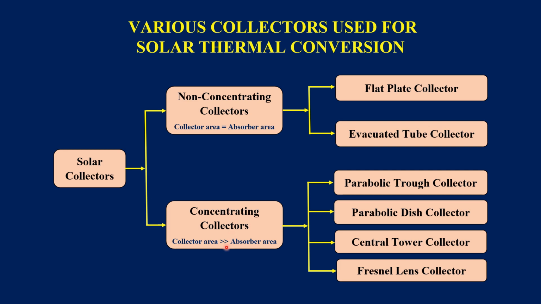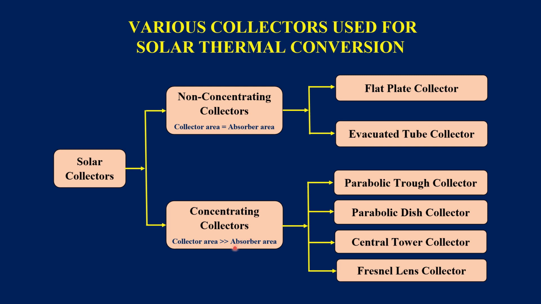So the next type is concentrating collector. As the name indicates, in this type of collector, solar radiation is concentrated onto a small area. So even if the radiation is collected over a wide area, it is concentrated to a small area.